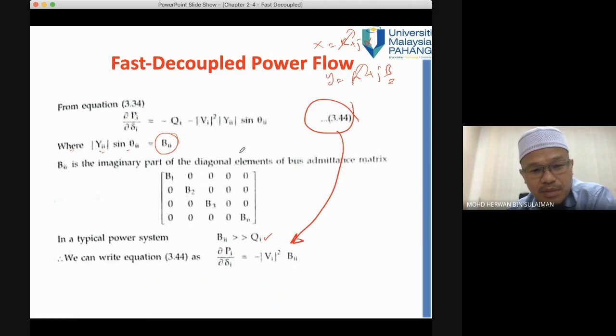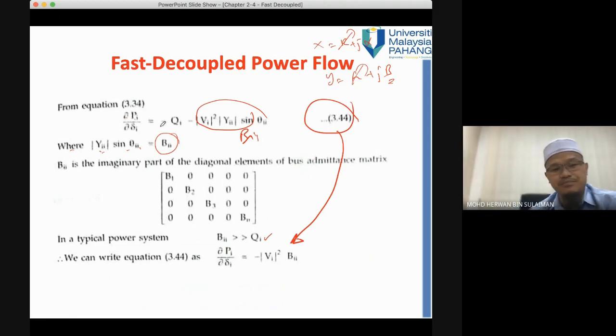So bila yang tu dia akan jadi this value equals to BII. So Q ni kita assume dia kecil sangat, so dia kosong. So equation akan jadi lebih mudah. So your equation now become dPi over d theta I equals to minus VI square BII. Nampak tak? So maknanya dia dah make this equation simplified.